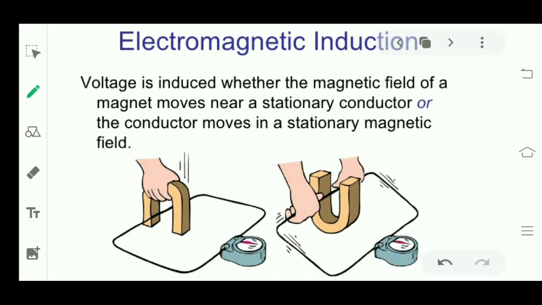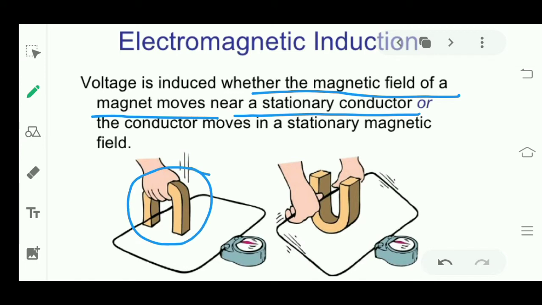What he said is that the magnetic field of a magnet moves near a stationary conductor, meaning the conductor is at rest and the magnet is moving. If the magnet is moving, the magnetic field is also varying, right? It is not stationary. The magnetic field is also changing because I am moving the magnet.